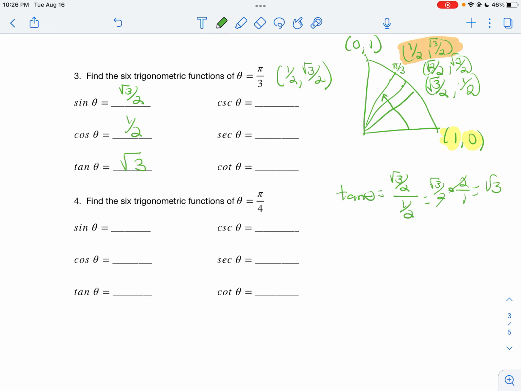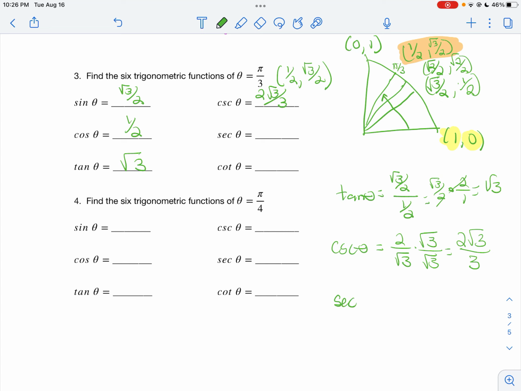That gives you your first 3. Cosecant is 1 over sine, so to find your cosecant of theta, you flip your sine over, and then you must always rationalize the denominator. We don't want a radical in the denominator. So I'll multiply the top and bottom by the square root of 3, and I end up with 2 square root of 3 over 3 as my cosecant of pi over 3.